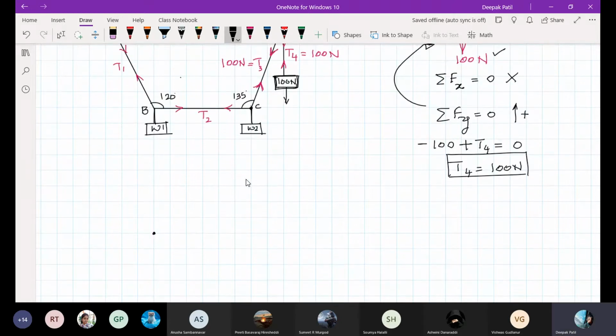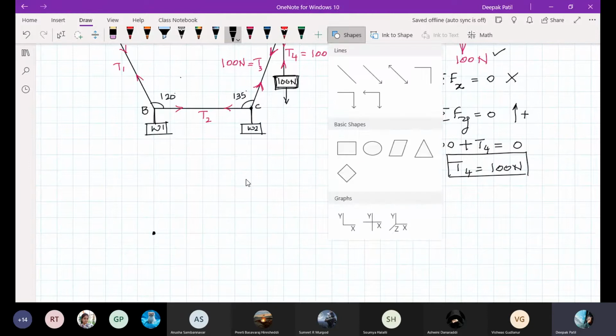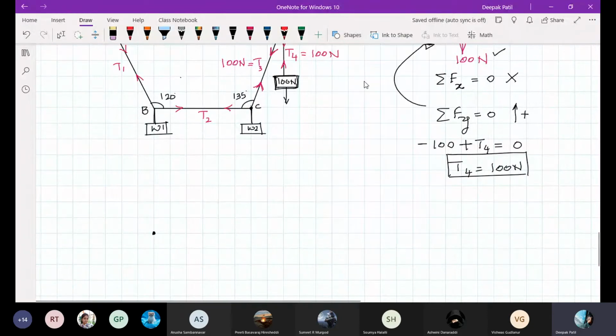So this is my point C. Let me mark all the forces which are acting at point C. There is one force in this direction, that is this one. There is a tension acting in this direction, that is this one. And also this weight W which is acting downwards, I should mark like this.